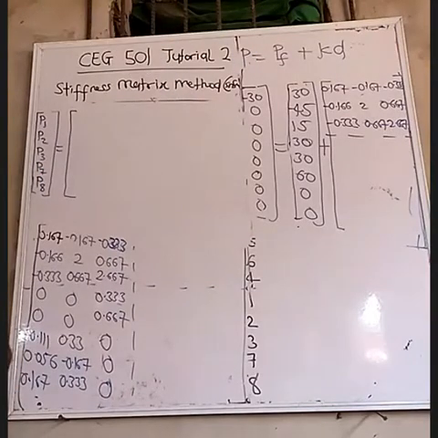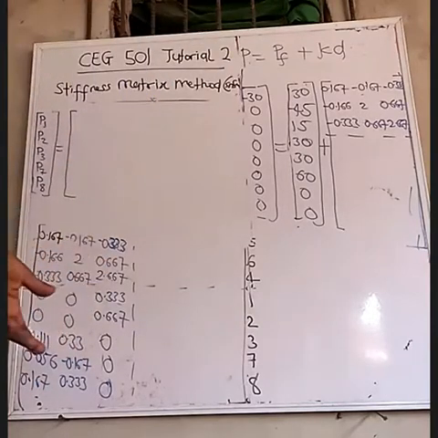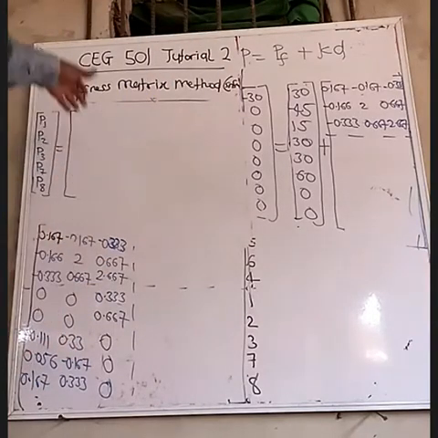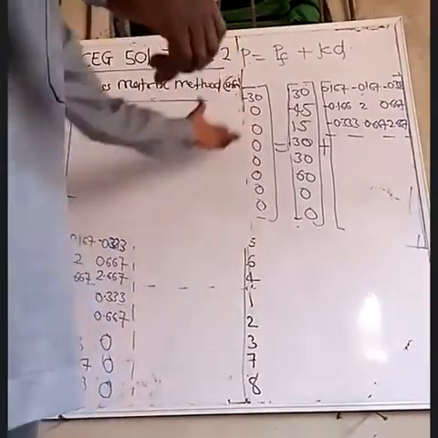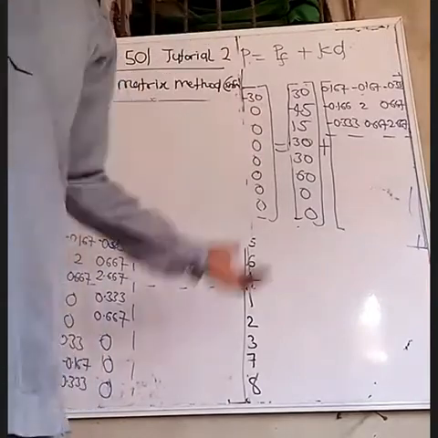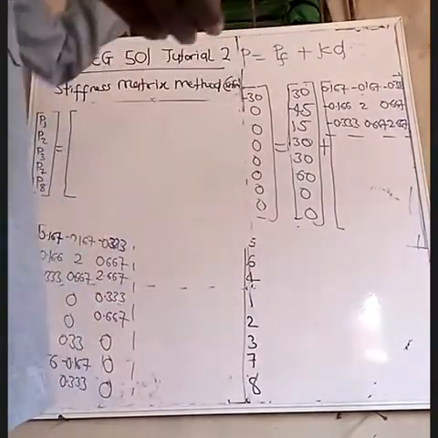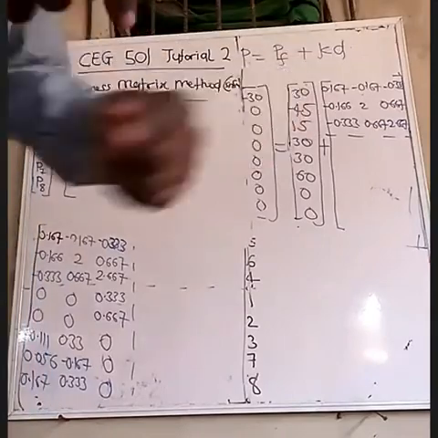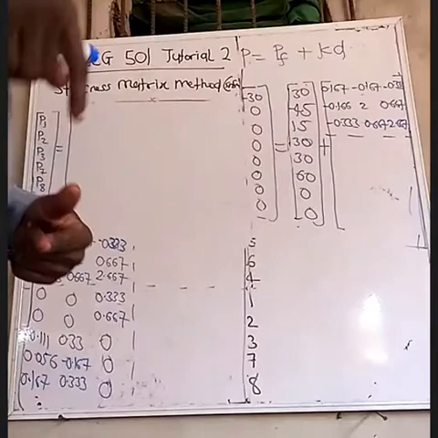If there is an external loading at the fixed end, which is not possible, there will be a value for P1. But now, there is no external loading at that point. But we know, of course, that there's going to be a reaction at the fixed end, and a movement at that fixed end.